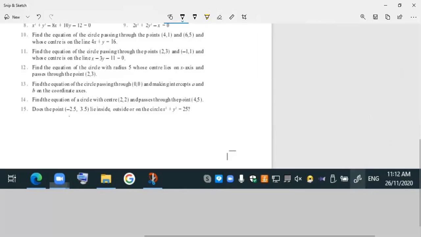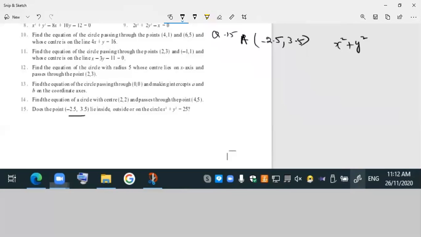We have to check whether a point, here point A (minus 2.5, 3.5), lies inside or outside the circle given as x square plus y square is equal to 25. 25 means the radius of the circle is the square root of 25, that is 5.